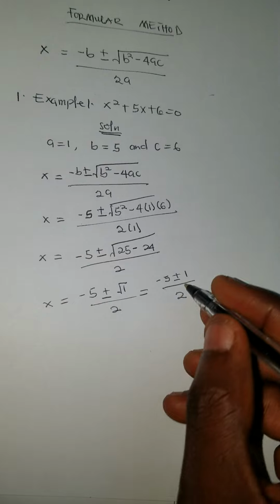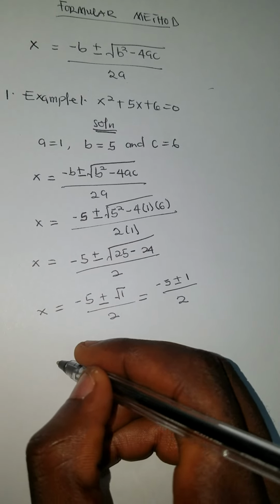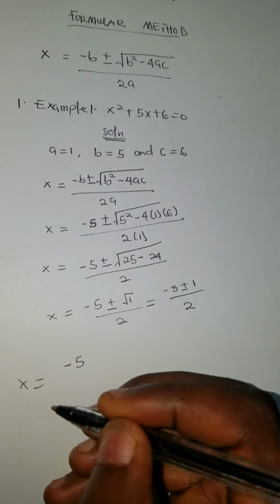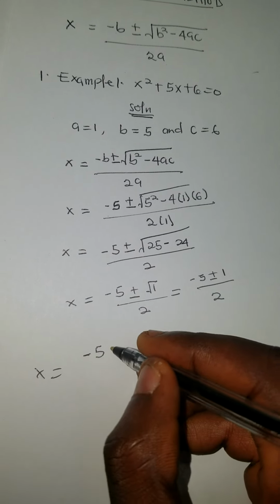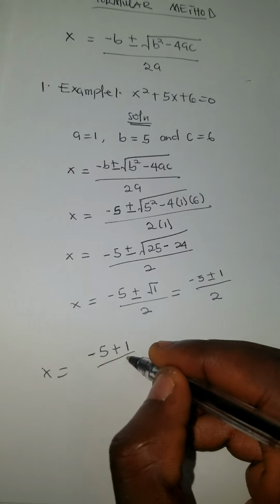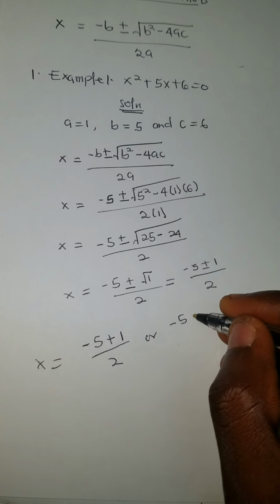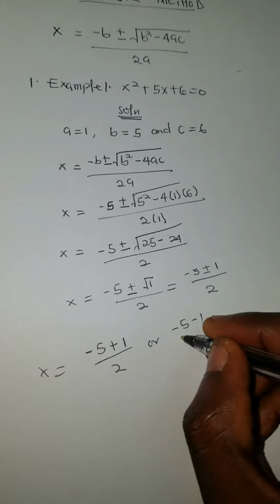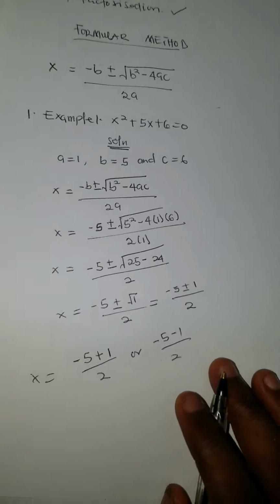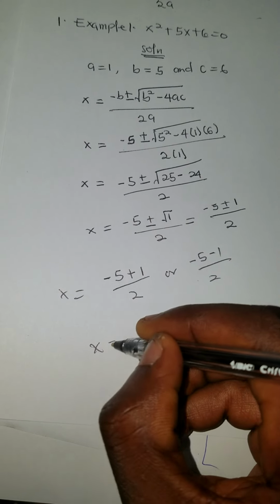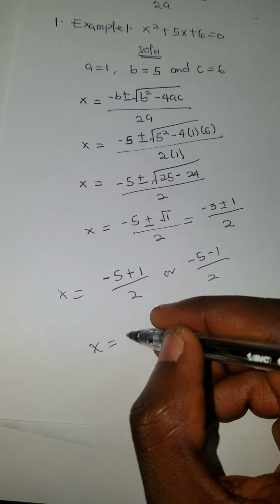So this means that x is equal to minus 5 plus 1 all over 2, or minus 5 minus 1 all over 2. And our x is equal to what?